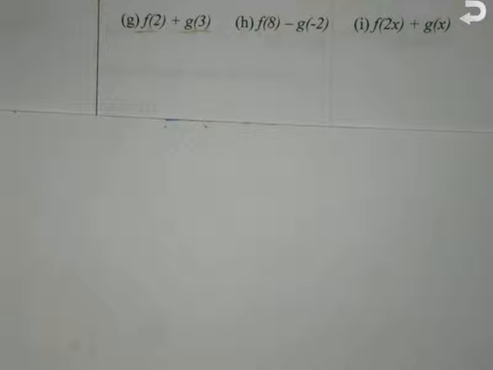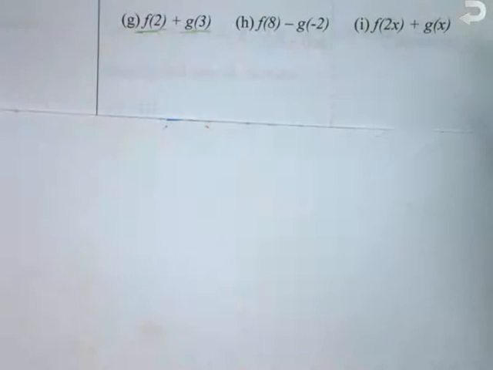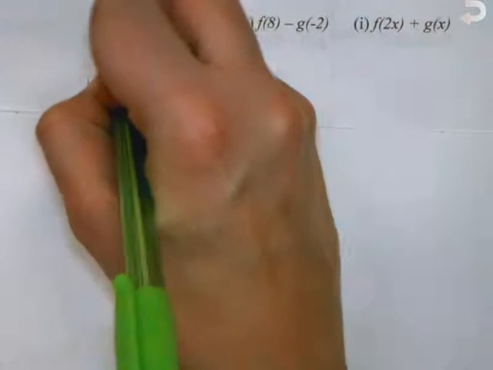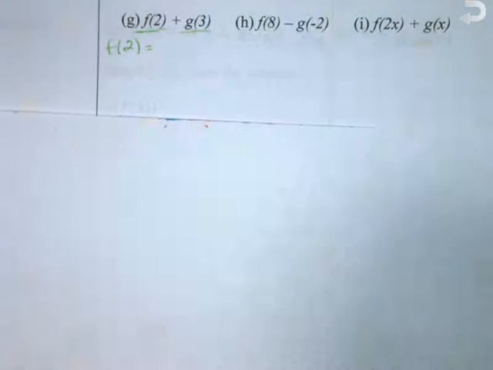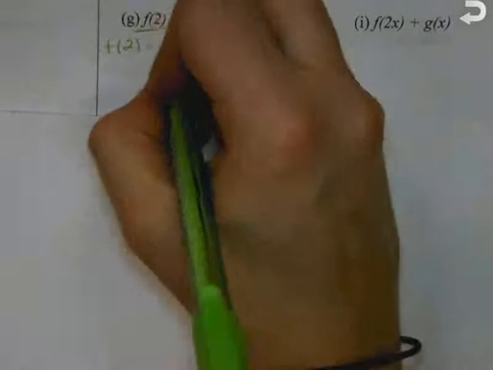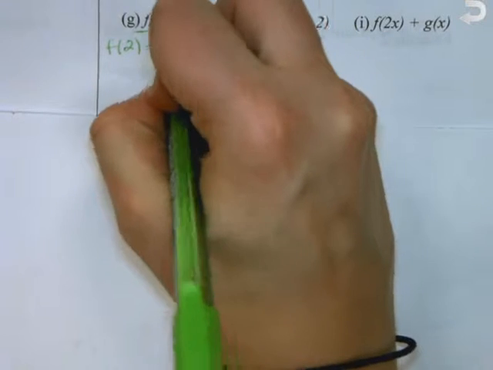Could you figure it out? Okay, so let's find f of 2. Remember, the f function was 3x plus 5, so that's 3 times 2 plus 5.